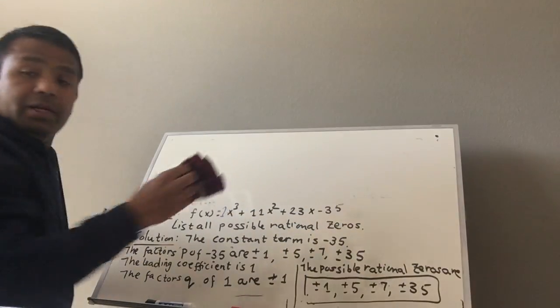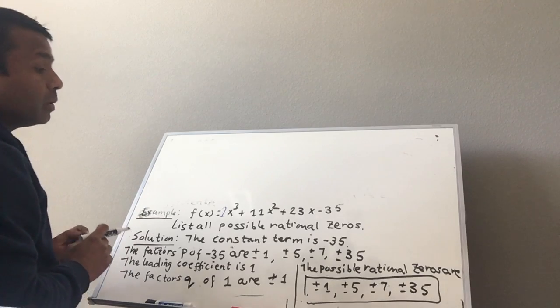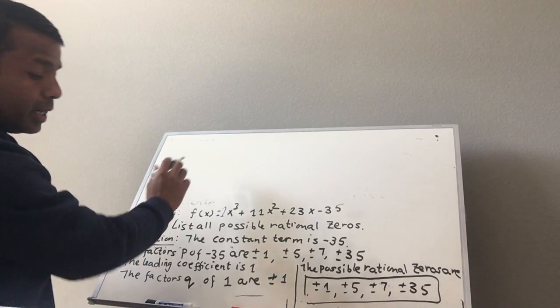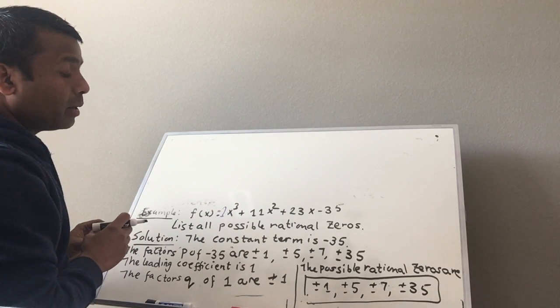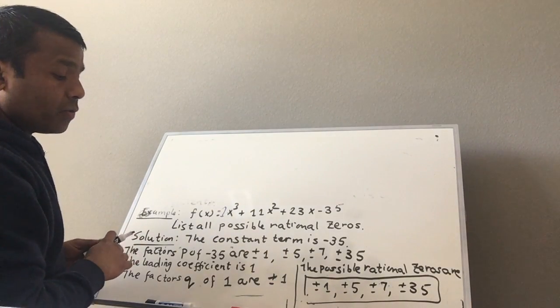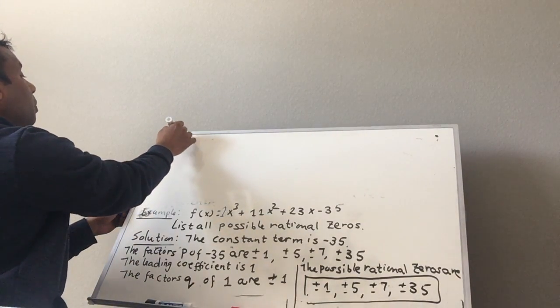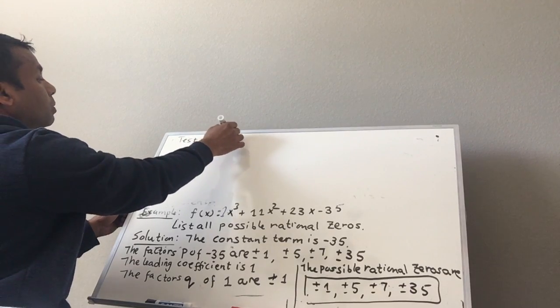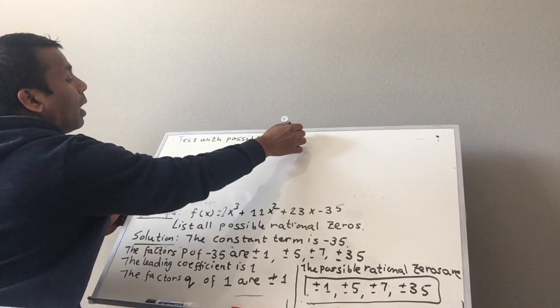So how do you find the rational zeros? Let's use synthetic division and the remainder theorem to test the possible zeros. Let's test with possible zero 1.